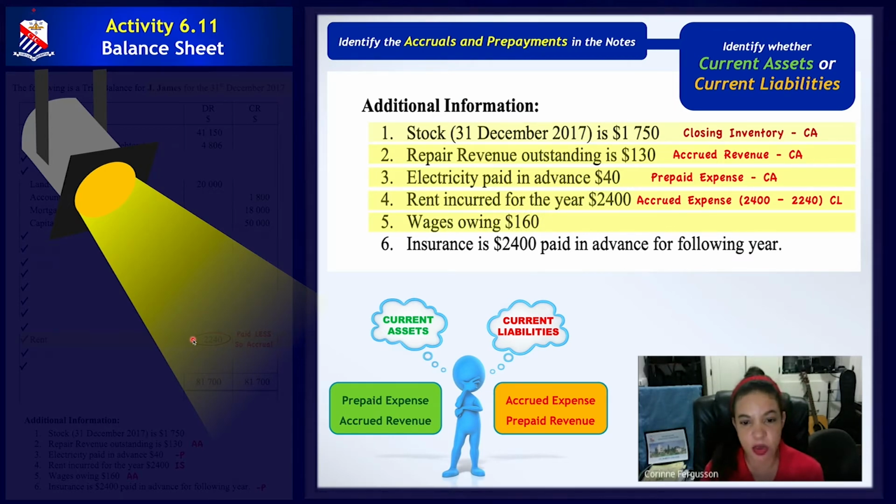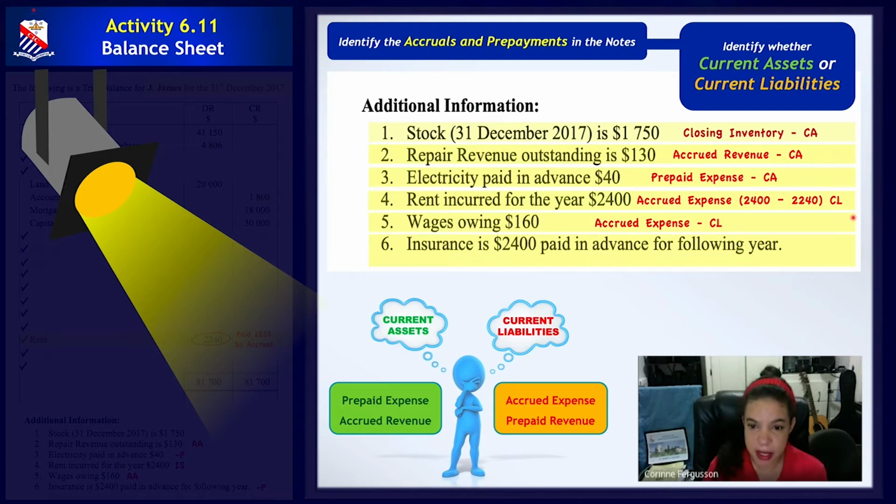We go on to the next one, which is wages owing. They've told us owing means an accrual. Wages is an expense, so it's an accrued expense. An accrued expense, very easy, is a current liability. And the last one, insurance paid in advance. Paid in advance is a prepayment.